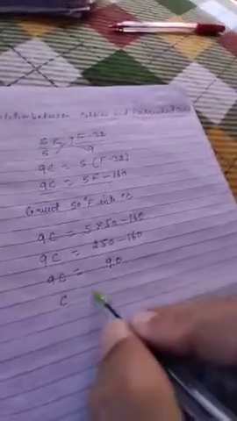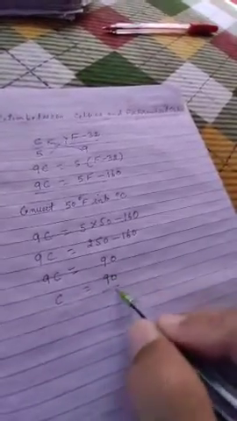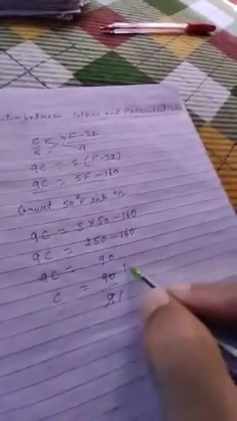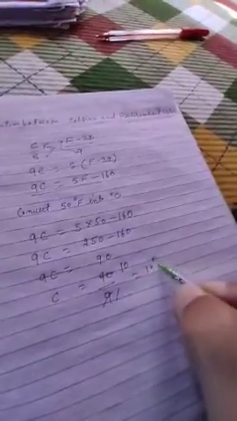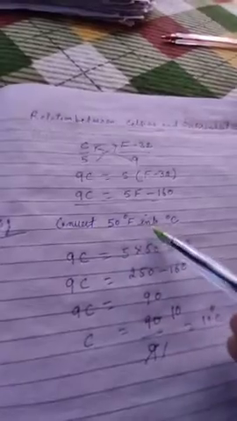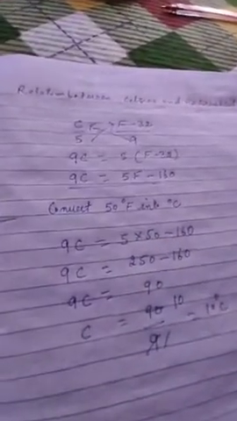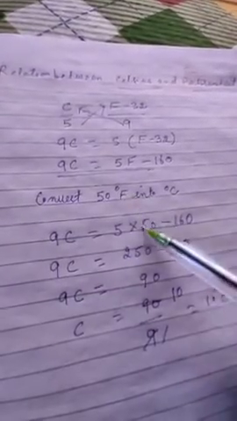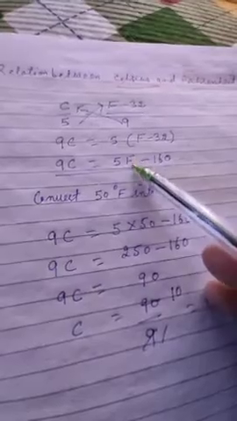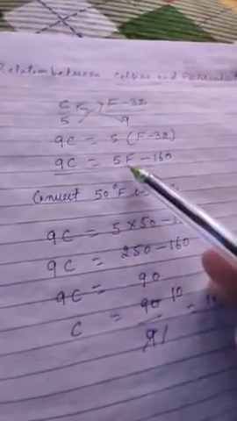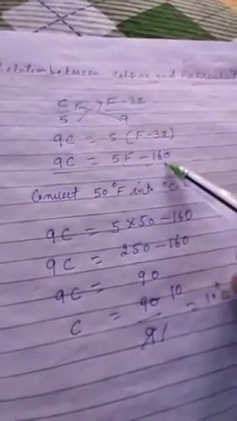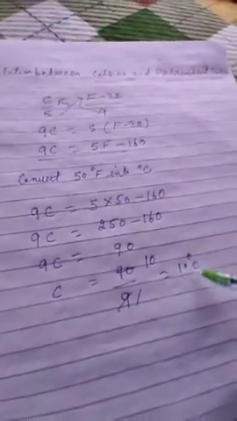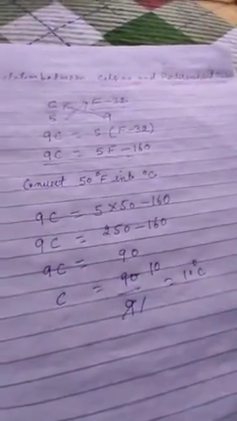Then C will be 90 upon 9, cut it, 10 degree Celsius. So when you convert 50 degree Fahrenheit into degree Celsius, you simply put the value here. Here we are applying this relation: 9C is equal to 5F minus 160. Put the value and you will get the answer.